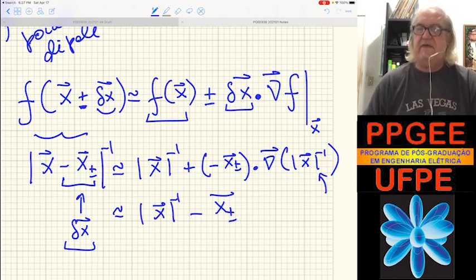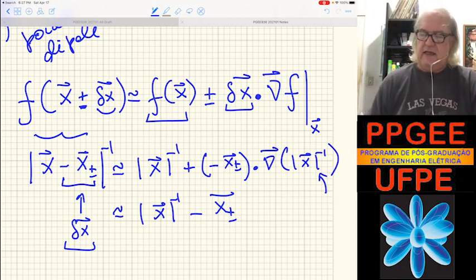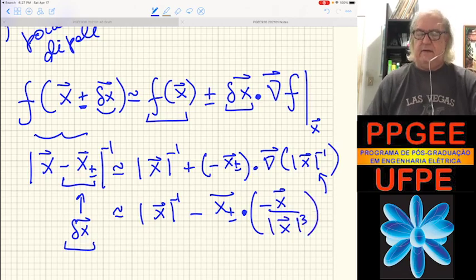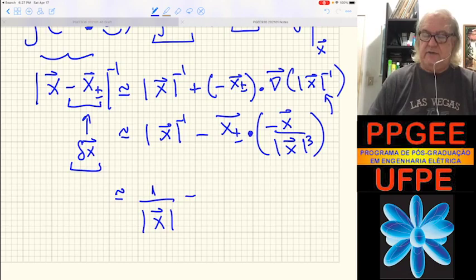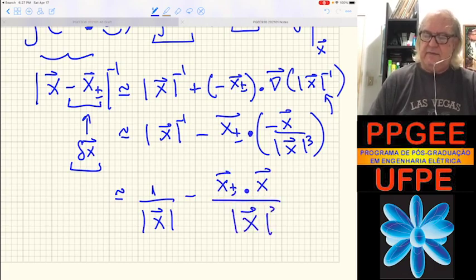The nabla of the inverse function, we saw that in the previous lectures, is minus x divided by the cube of the magnitude of x. Right? So that's what we have. 1 over x minus the correction, which is x plus minus dot x divided by x cubed.